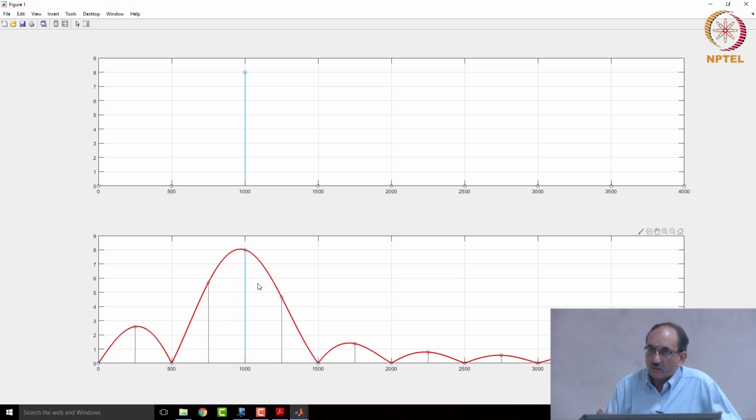If you did not know that the data contained a sinusoid of frequency 1 kilohertz, but you are told that the data contains sinusoids, and then you are asked to find out what the frequency is, you would compute the DTFT, and in practice you would compute the DFT, and then you look for peaks in the spectrum, because peaks in the spectrum are caused typically by sinusoids. Narrow peaks are typically caused by sinusoids.